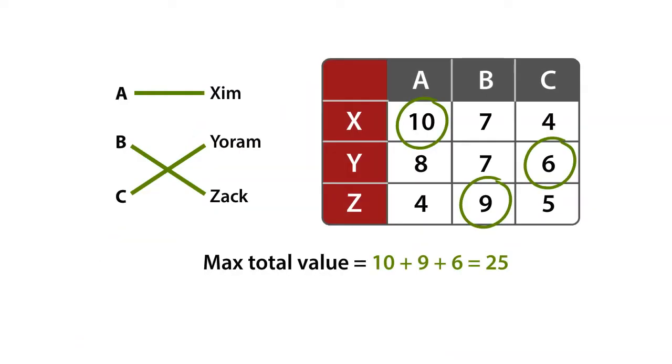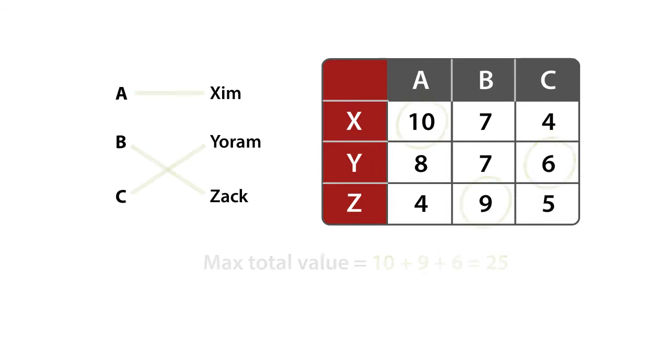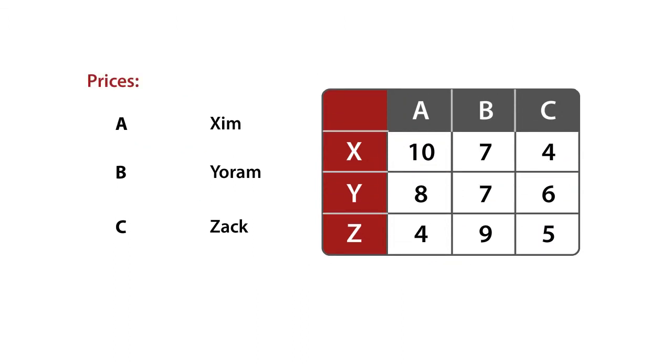Let's recall how prices work and how they relate to the value. Here is, in our example from last time with Shin, Yoram, and Zach, and 3 items, the maximum total value matching we found with a total value of 25, consisting of 10, 9, and 6 going to the 3 different people. Alternately, we thought about pricing items A and B at 2 and C at 0, and with the prices came the net values, the remaining value for one of the users.